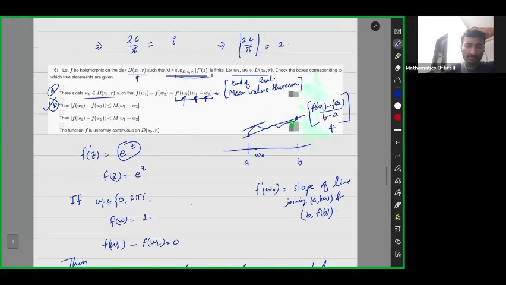Now part B is done, it is correct. How about part C? Is the above inequality a strict inequality? F is a general function, this is also a general thing.